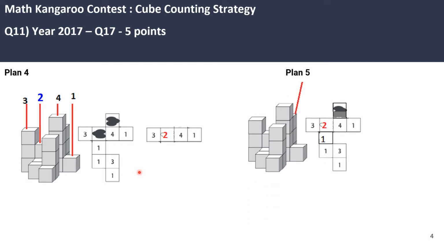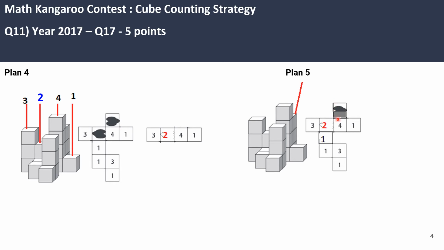Let's look at plan 5. So the plan 5 is the last slab which is kept here. Now we need to count the number of cubes here. We can see that one of the cubes is hidden, and if you want to take help of the neighboring stack, you can go ahead and count it, which is 1, 2 and 3.